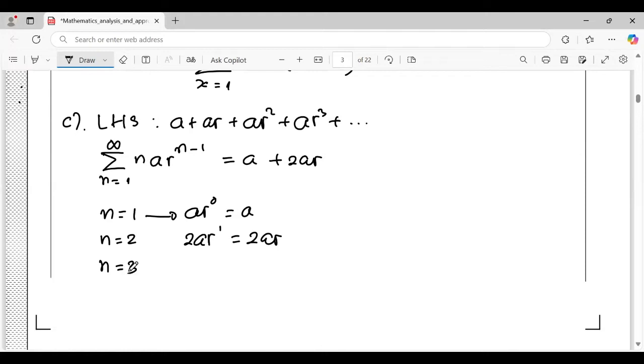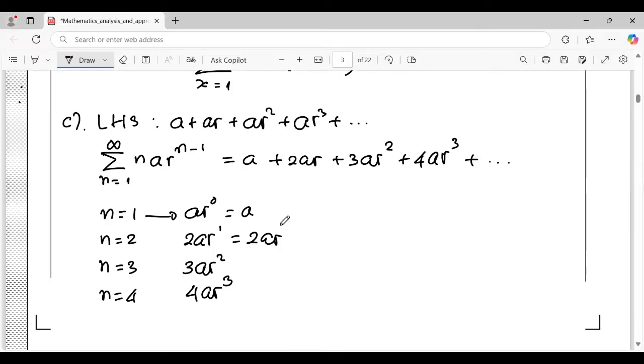When n equals 3, it becomes plus 3ar squared. When n equals 4, it becomes plus 4ar cubed, and so on.